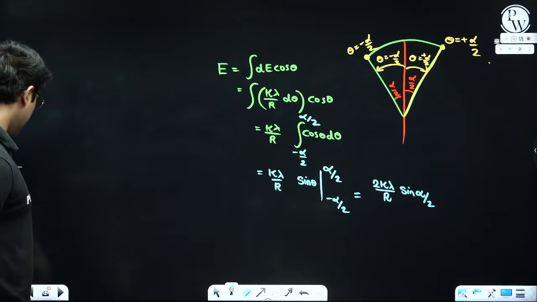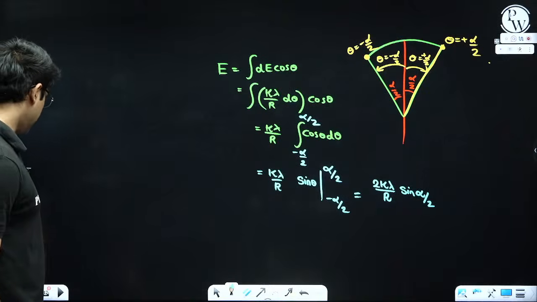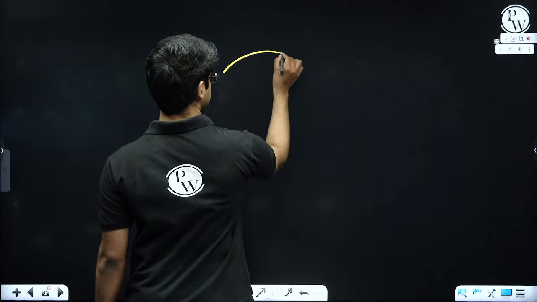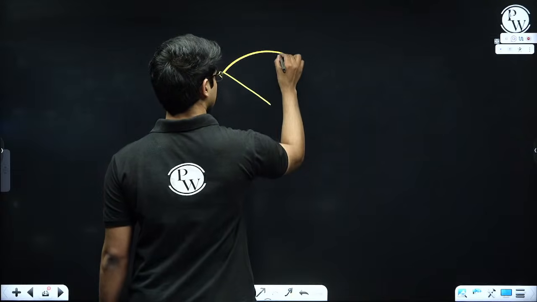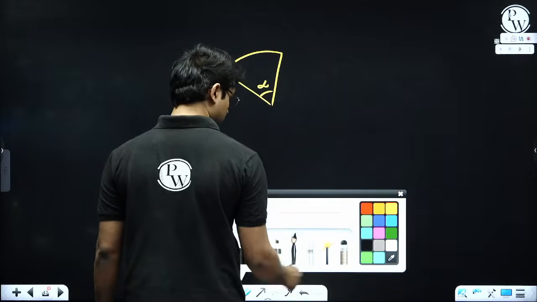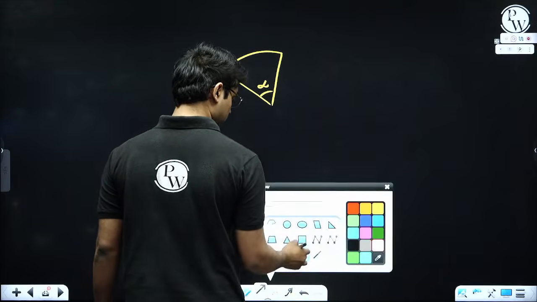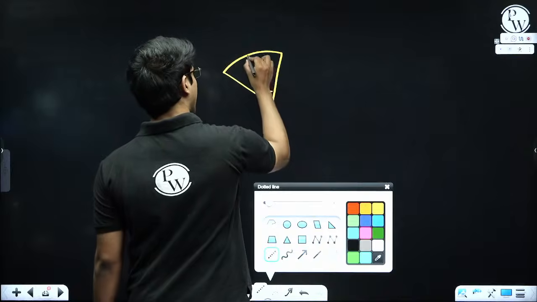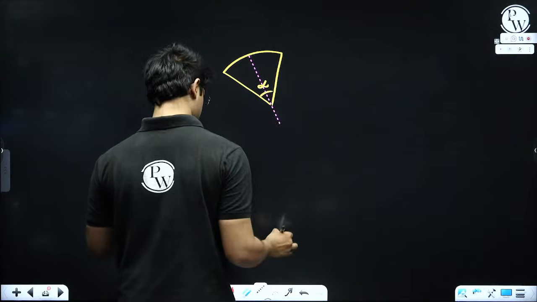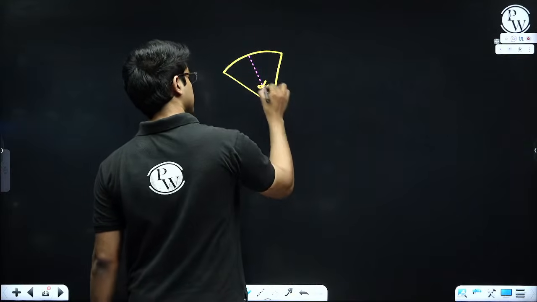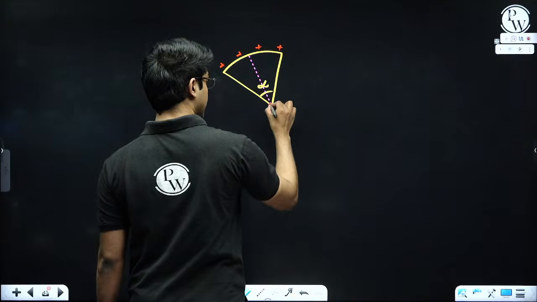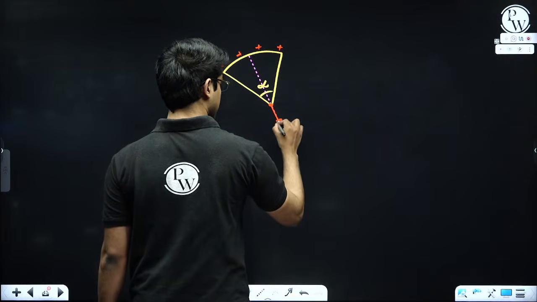So basically, if I have to summarize this result, if I have a circular arc which subtends an angle alpha at the center, and this is the angle bisector, then the field here will be along this angle bisector.